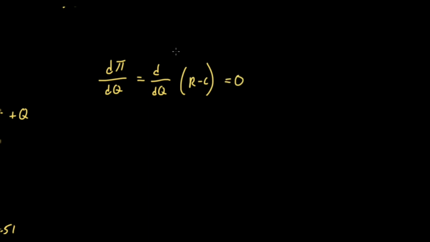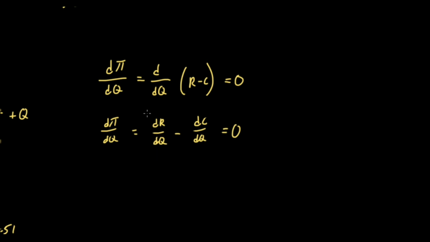And so if we use our rules of calculus, we find that d pi dq is equal to dr dq minus dc dq. And this should be equal to 0.